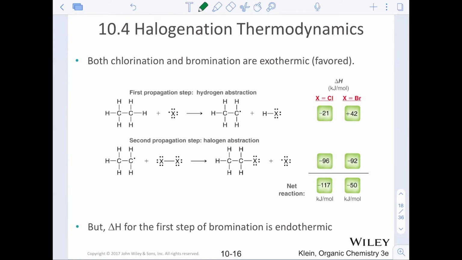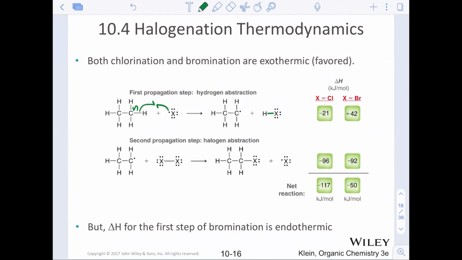But let's look at the big difference here, the difference between the first propagation step and the second propagation step. Let's remember our mechanism. Hydrogen abstraction, the halogen will come and make a new bond with hydrogen and make a new radical on carbon. Notice the difference here between chlorine being the radical that does this versus bromine being the radical that does this.